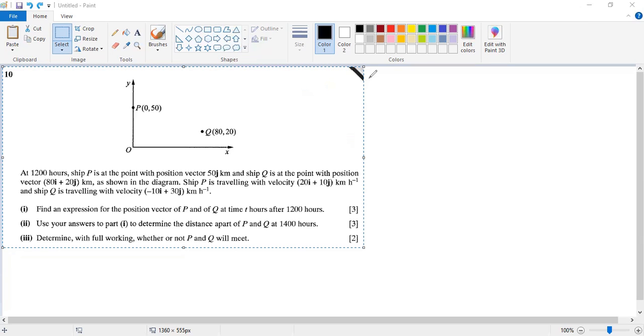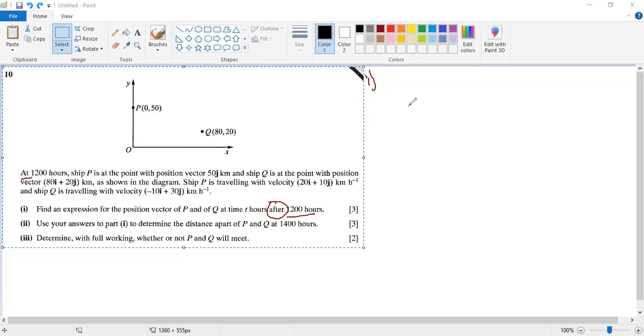So let's do the first part, please, which is find an expression for the position vector of P and Q at time t hours after 1200 hours. This is just a trick statement, because they're measuring it as a relative measure from 1200 hours itself. So how do we find that after t hours?